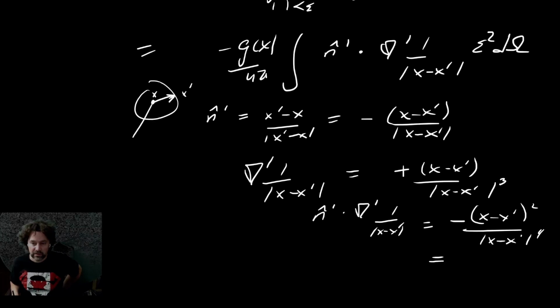And |x minus x prime| is epsilon. So that is minus 1 over epsilon squared.